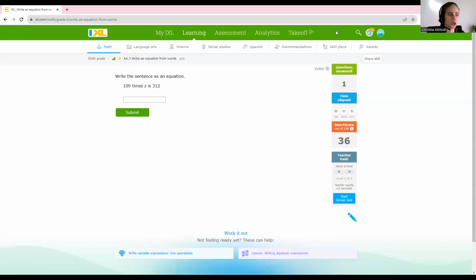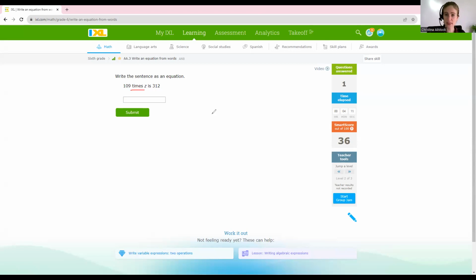All right, next example. 109 times Z is 312. When we go through and read this one, it says times, which means multiplication.